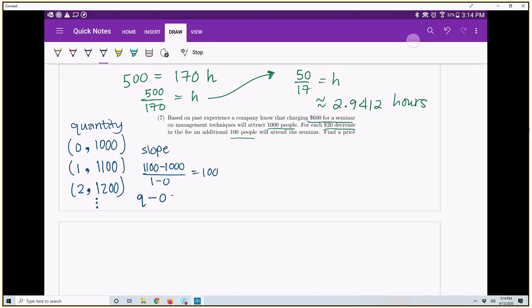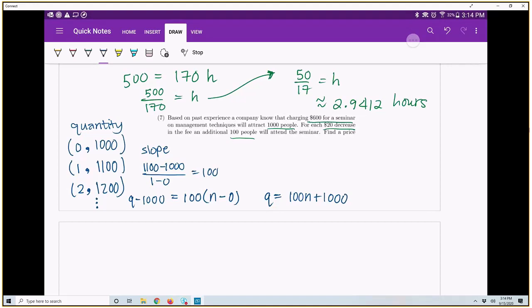Q minus 1000 and N minus 0. Q minus 1000 is equal to 100 times N minus 0. So if I solve for Q, I would get that quantity Q is equal to 100N plus 1000.